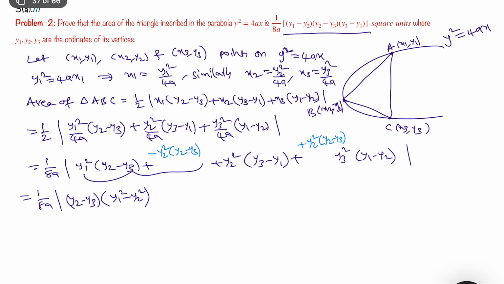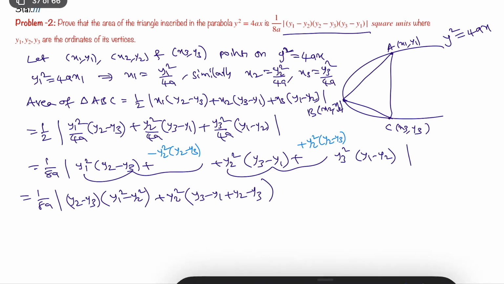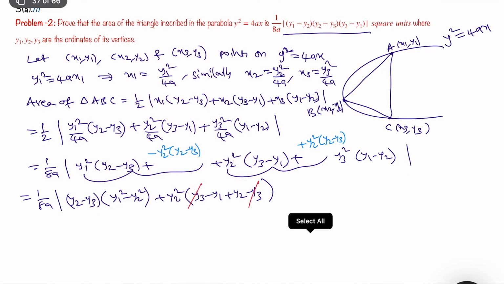Then from here, if I take y2 square common, I will have y3 minus y1 plus y2 minus y3. As you can see, these two cancel. Then we have y3 square times (y1 minus y2). 1 by 8a.